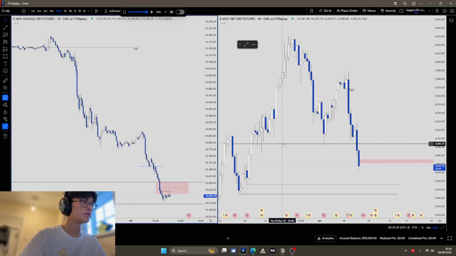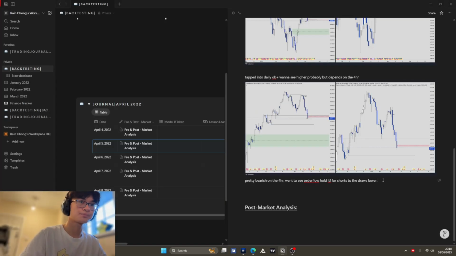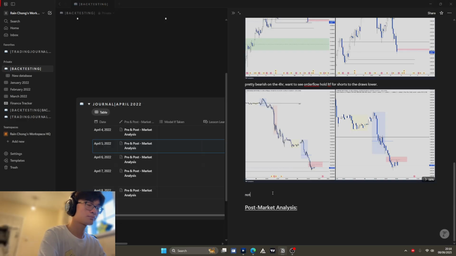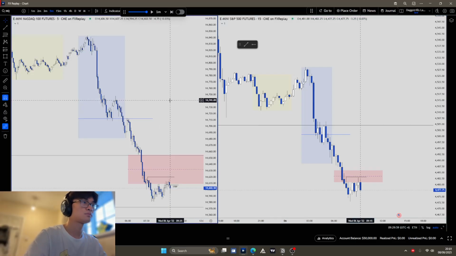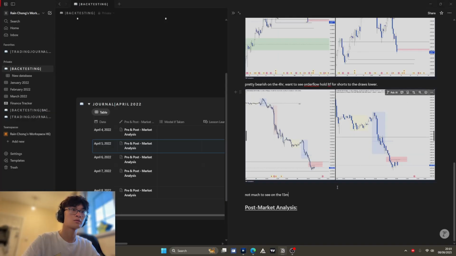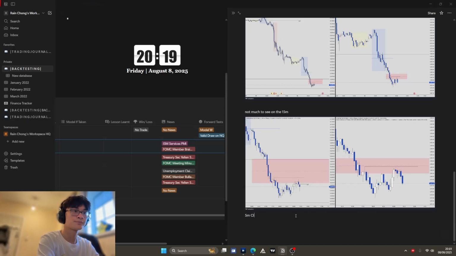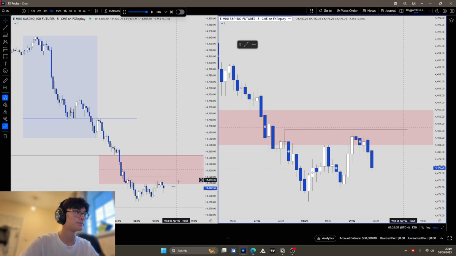Okay, and then on the 15, not much to see here. Then on the 5, we'll zoom in.